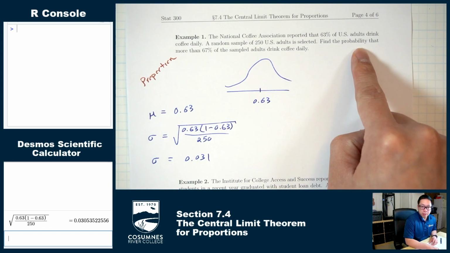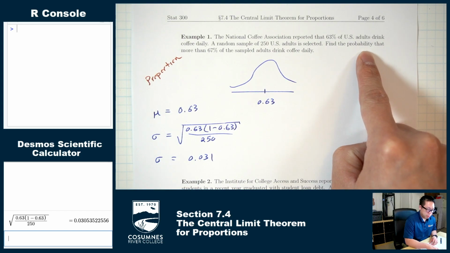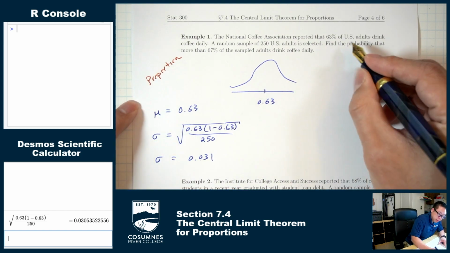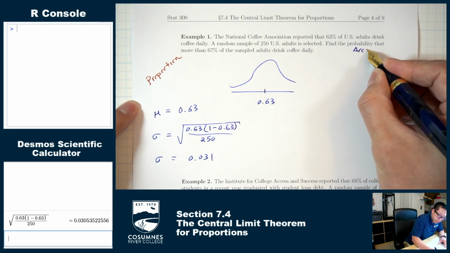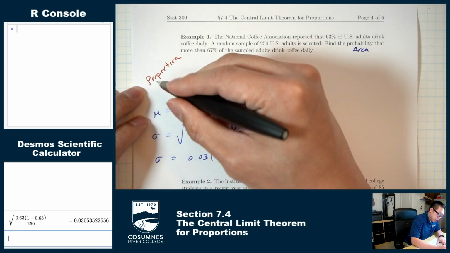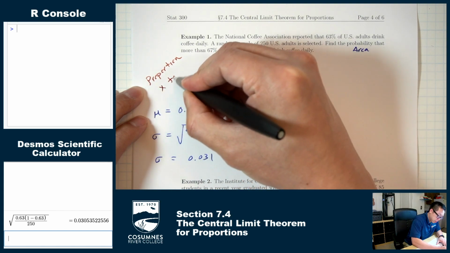Find the probability. So I want to find the area. So I want area as my final answer. This would have to be an x to area question then. So this is a proportion, and it's also an x to area.